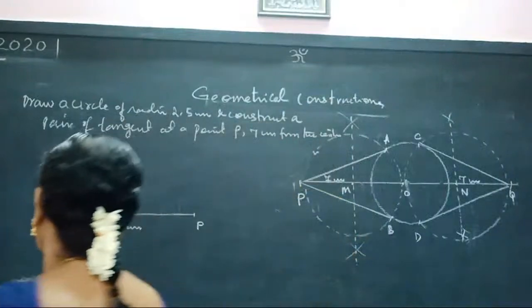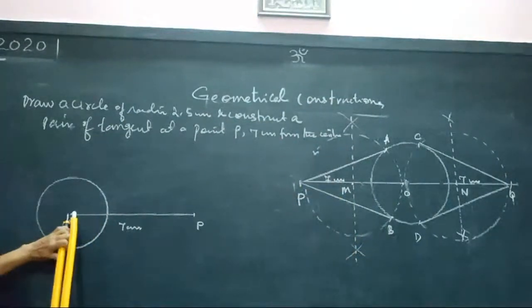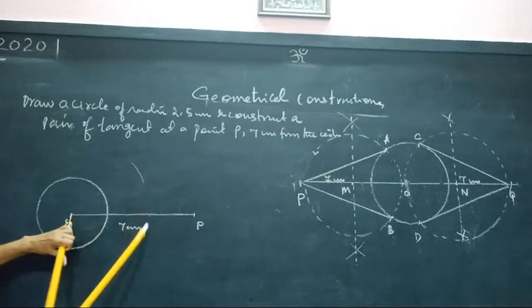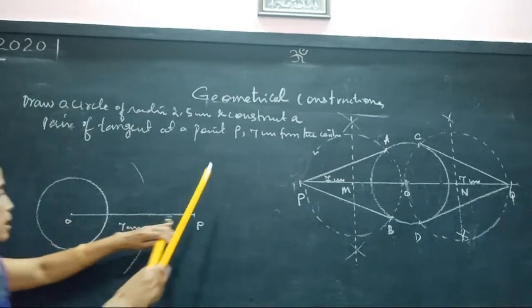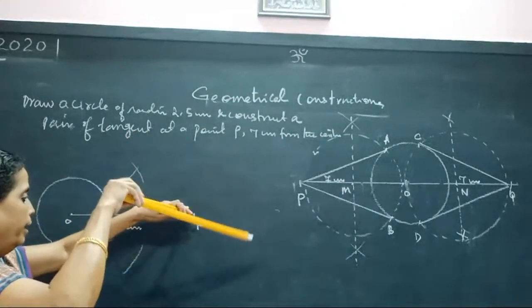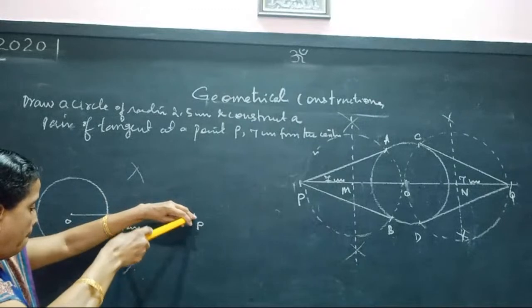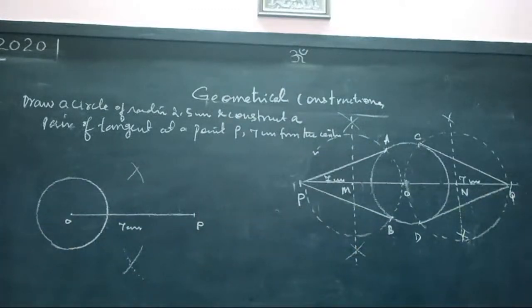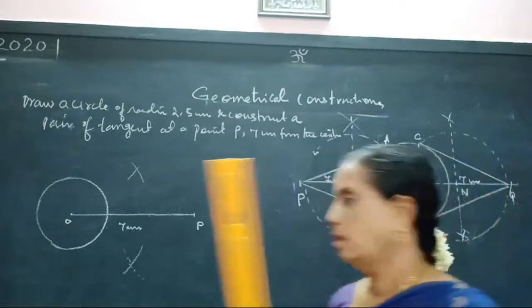With O as center, radius equal to more than half, draw arcs on both sides with the same radius, cut off like this. Okay. Now join the intersecting arcs.